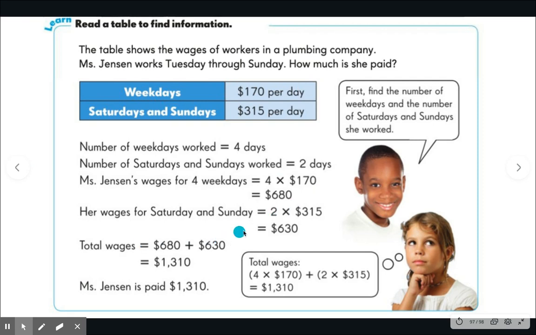Her wages for Saturday and Sunday would be 2 times $315 is $630. Then you're going to add her total wages. How much she got paid? 680 plus 630 is 1,310. Mrs. Jensen is paid $1,310.